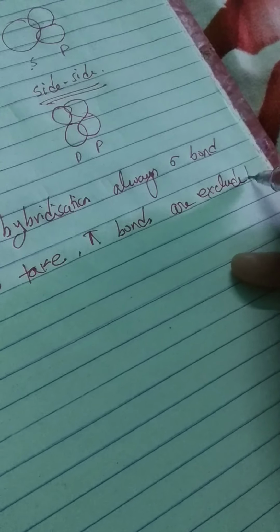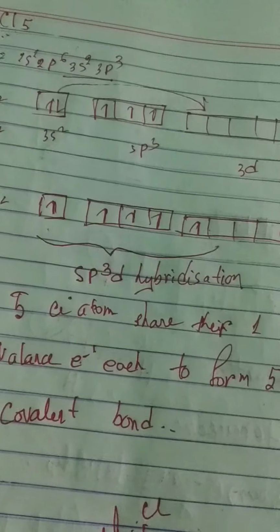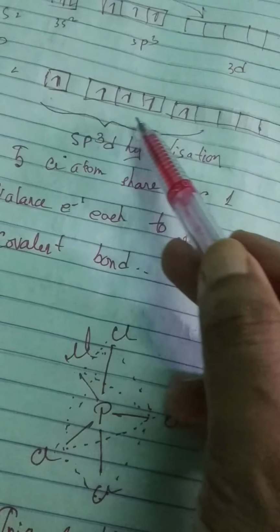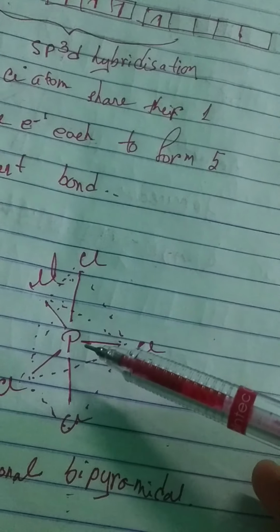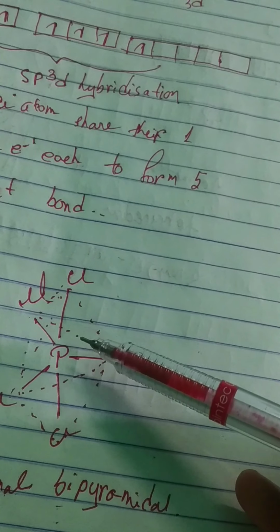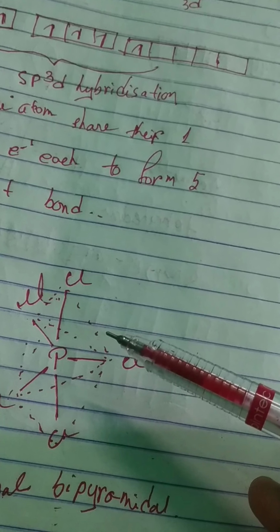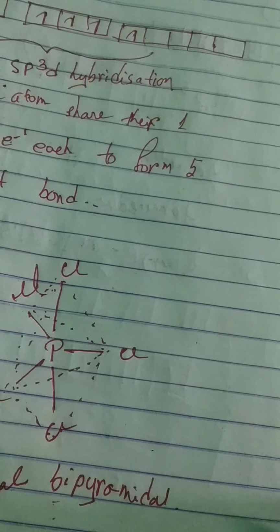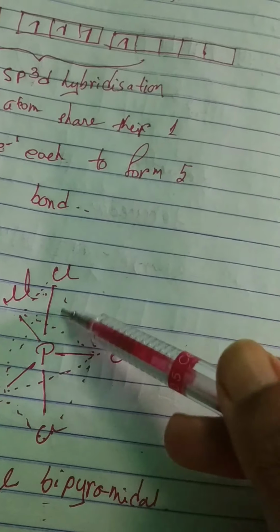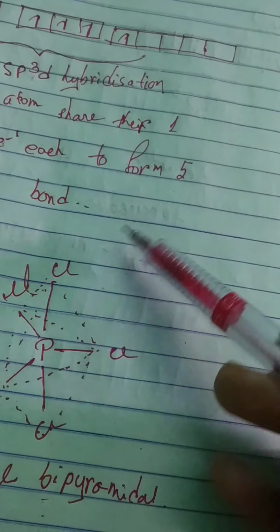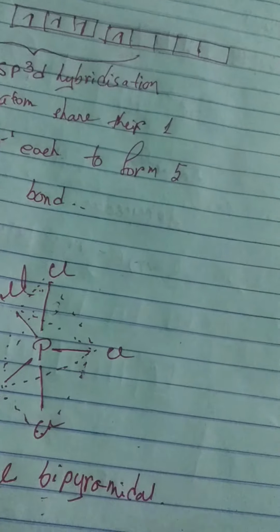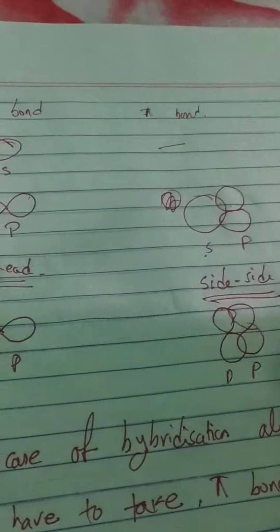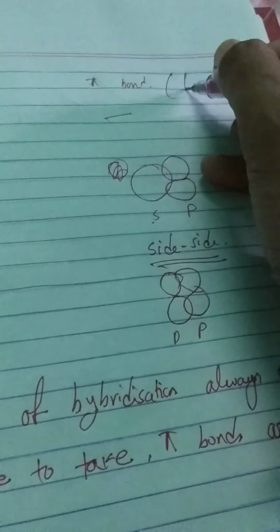How? Look at this, PCl5, here all are sigma bonds. To understand when a sigma bond forms and when a pi bond forms, always remember that single bonds are all sigma bonds. This is sigma, this is sigma, this is sigma. Pi bonds you will see in case of double bonds.